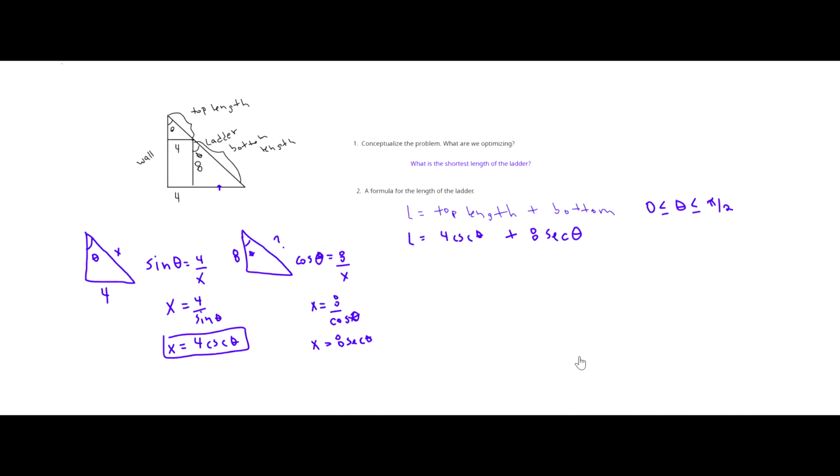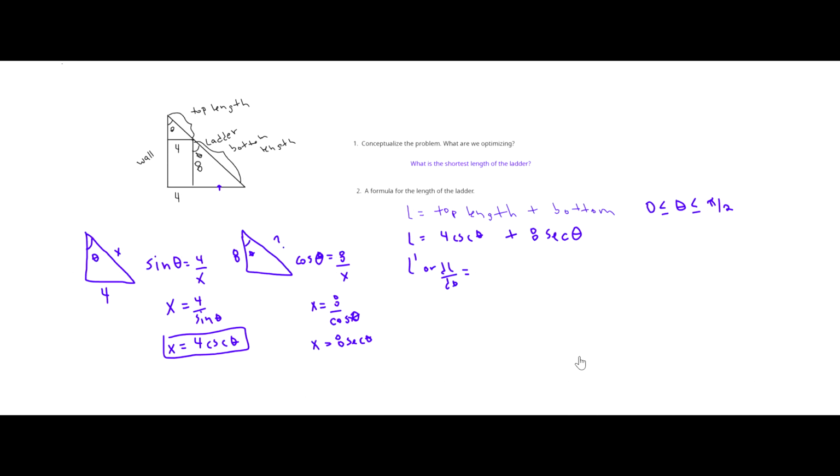So, okay, great. Now let's take this derivative, because we have to take the derivative so we can set it equal to 0. I'll call it L prime, or you can call it the derivative of L with respect to theta, whichever direction you want to go. All right, cosecant. What is the derivative of cosecant? I know it's a little bit messy.